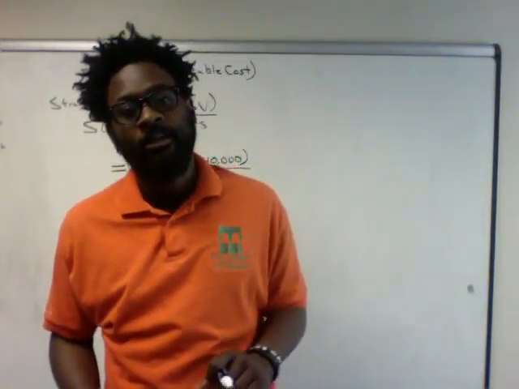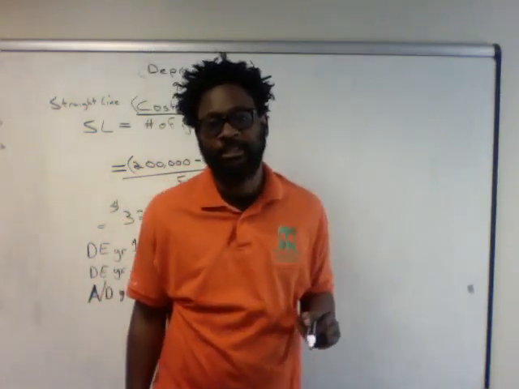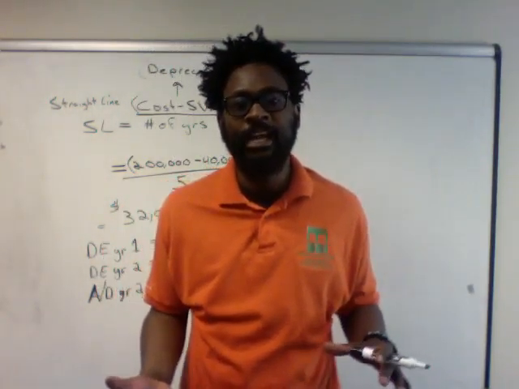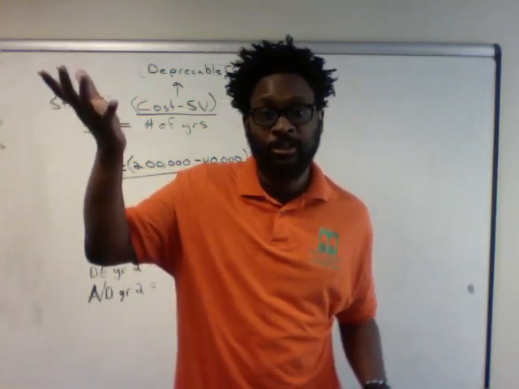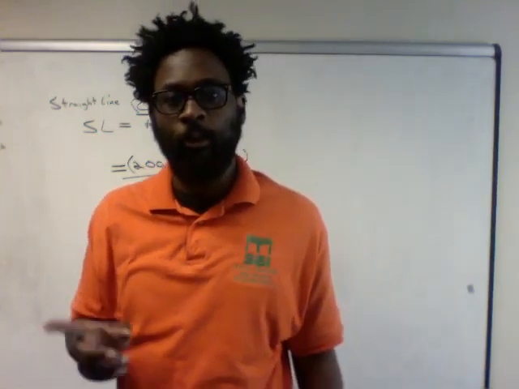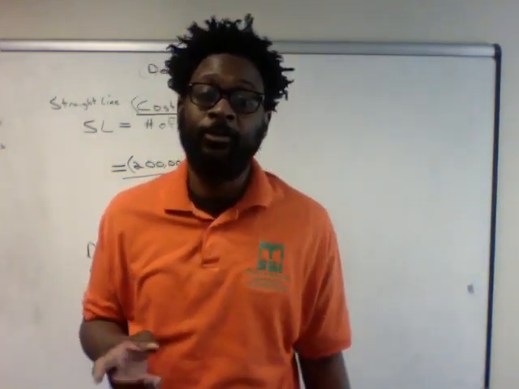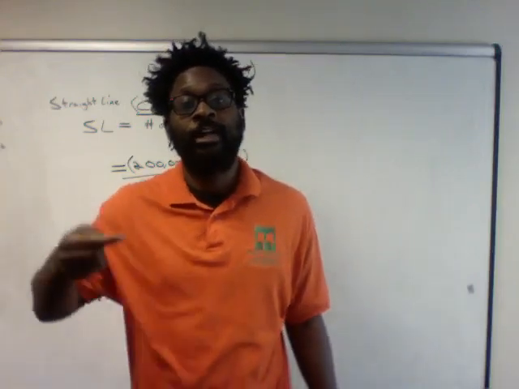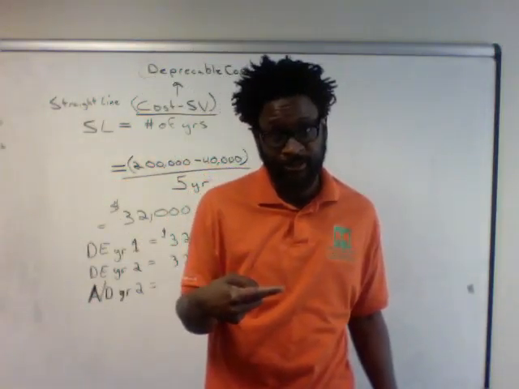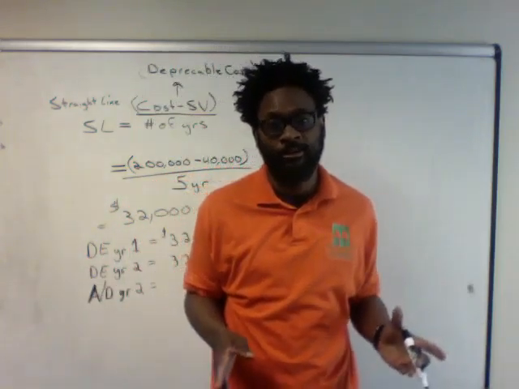Okay? Now, remember what else happens with this accumulated depreciation. This accumulated depreciation gets larger, but where do we report accumulated depreciation? What financial statement does it go on? It goes on the balance sheet. And we saw that it goes on the balance sheet directly under the asset. The asset stays on the books at cost.